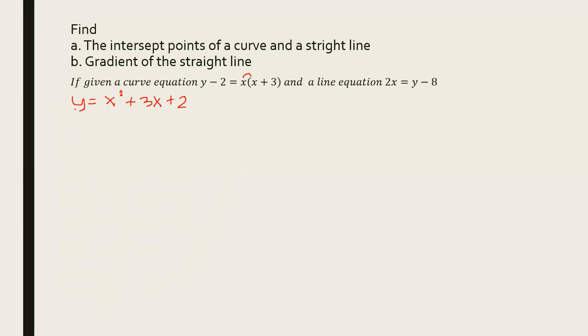This is the quadratic equation. Now the line equation is going to be y equals 2x plus 8. Look, y is on the left side, and the quadratic equation is y equals x squared plus 3x plus 2. Meanwhile, the line equation is y equals 2x plus 8.